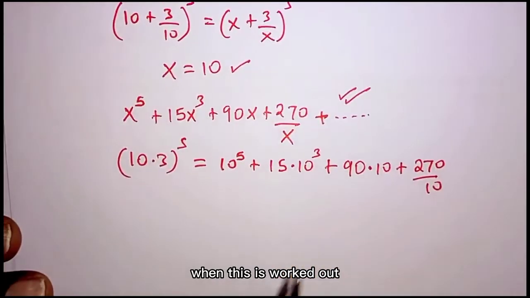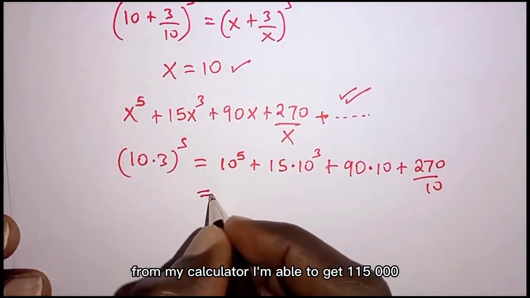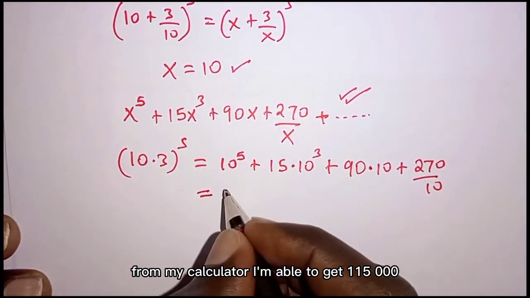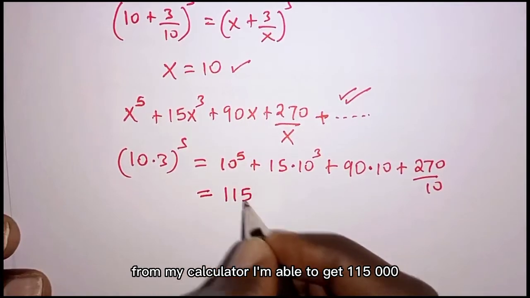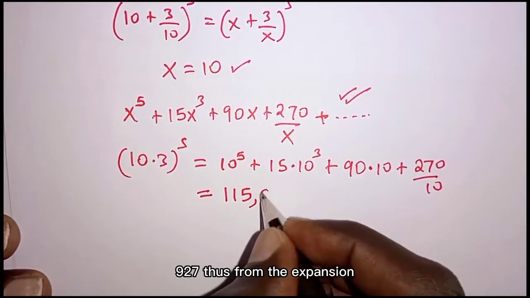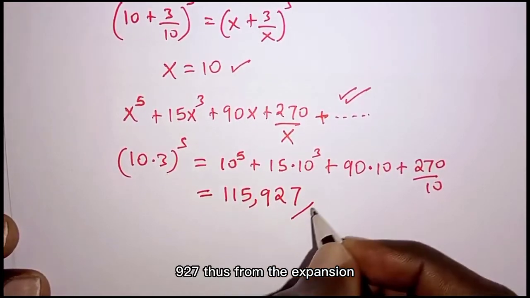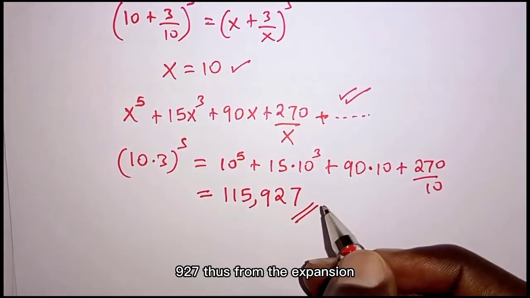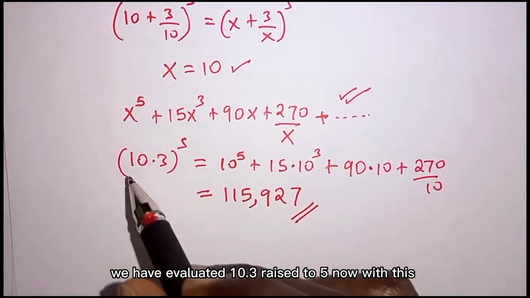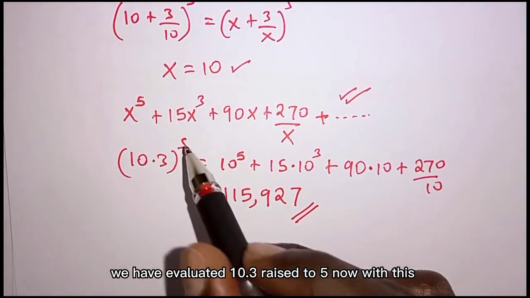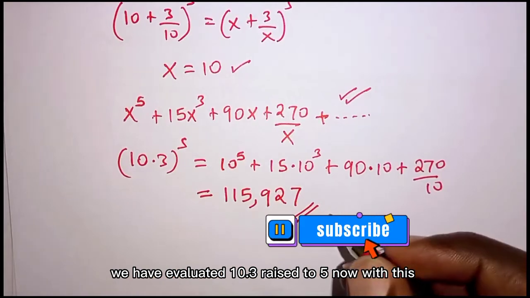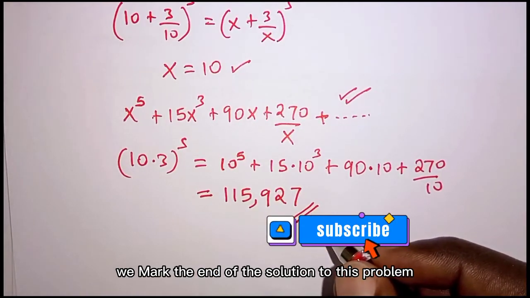When this is worked out from my calculator, I'm able to get 115,927. Thus, from the expansion, we have evaluated 10.3^5. Now with this, we mark the end of the solution to this problem.